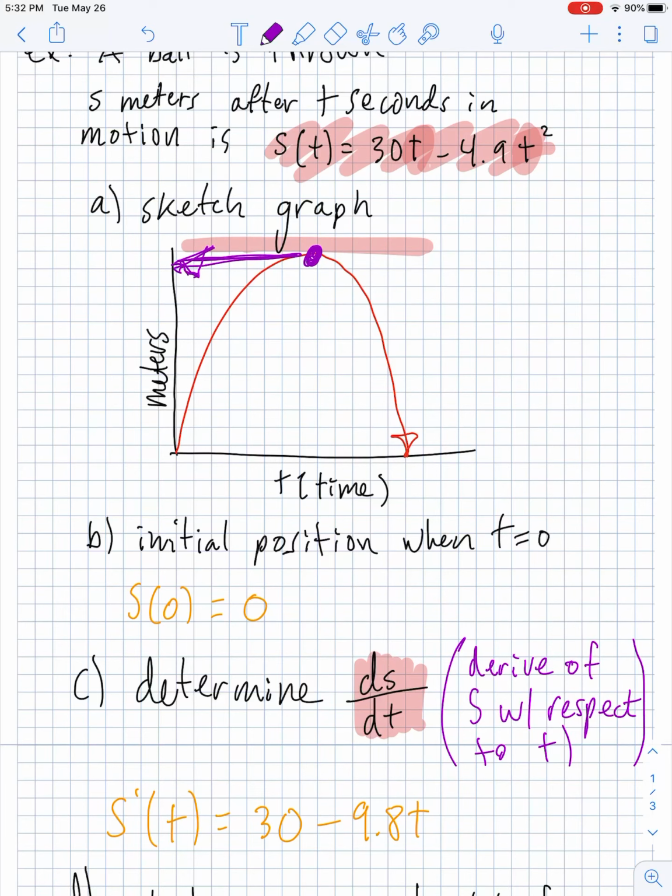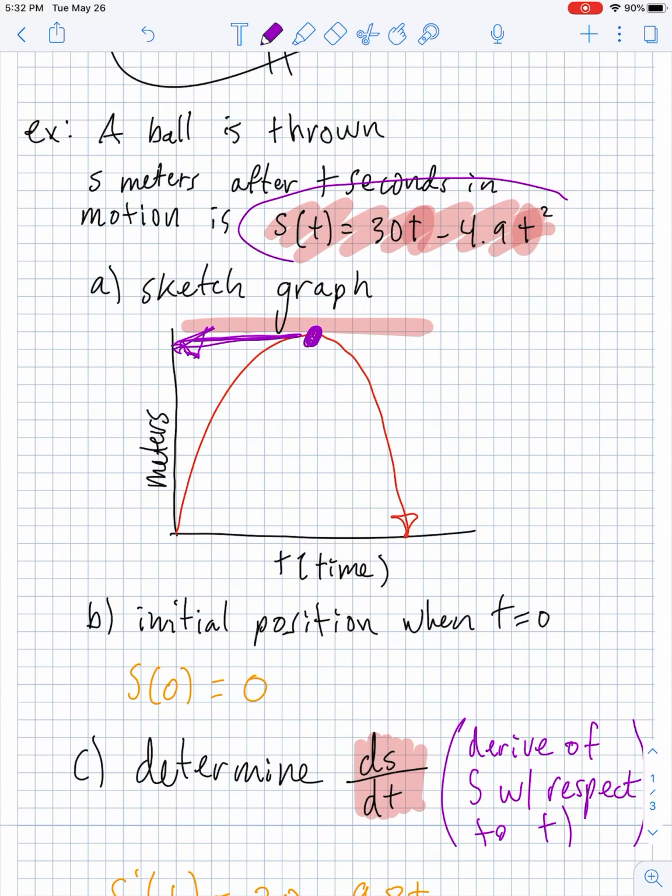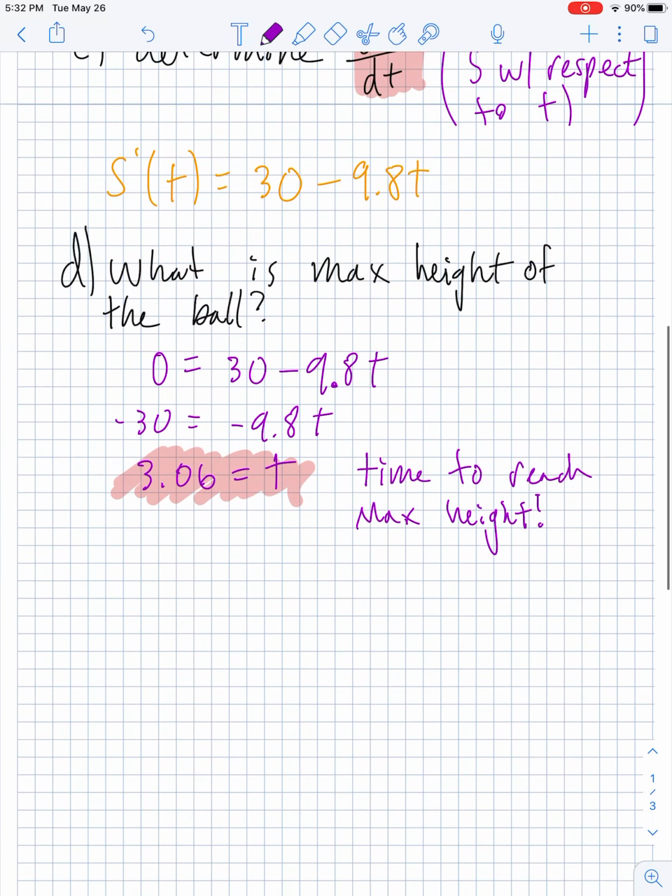To find that, we just plug our 3.06 back into the OG equation, because the OG equation tells you the height of the ball after t seconds, and we know the seconds it takes to get there: 3.06 seconds. So in the OG, we're doing s of 3.06.